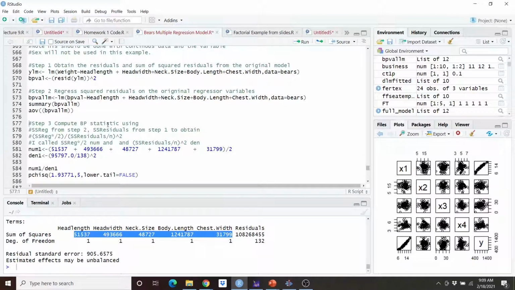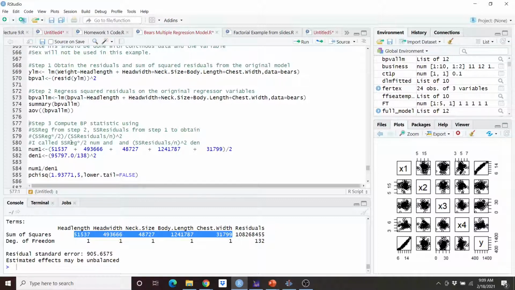Step 3 is compute the Breusch-Pagan statistic. So I'm going to use sum squared regression from step 2 and sum squared residuals from step 1. And I'm going to get sum squared regression star over 2 divided by sum squared residuals over n quantity squared. This is my Breusch-Pagan value.